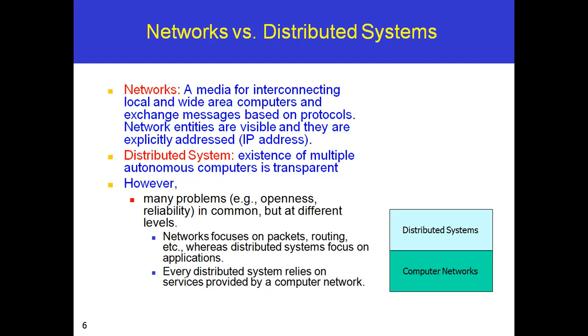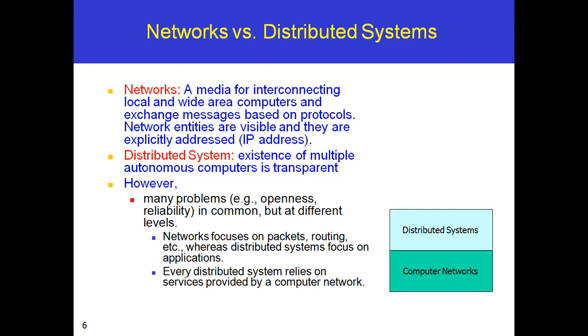Coming to the distributed system, it is the existence of multiple autonomous computers in a transparent manner. As I told you, autonomous, standalone, independent are the same. However, we have some problems mentioned here, for example openness; reliability is common, but at different levels.